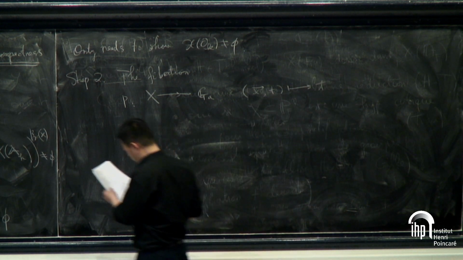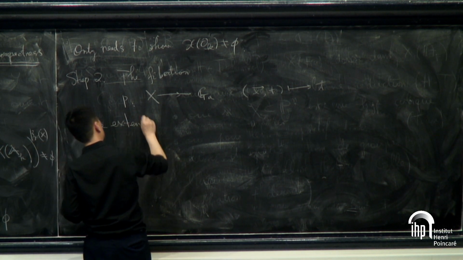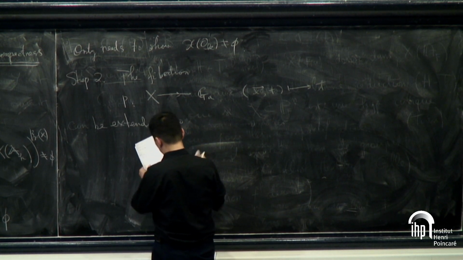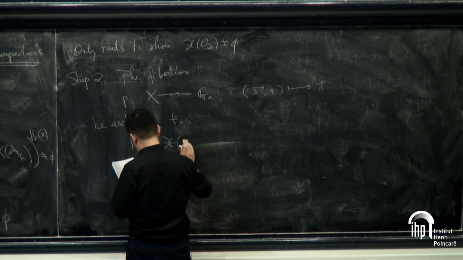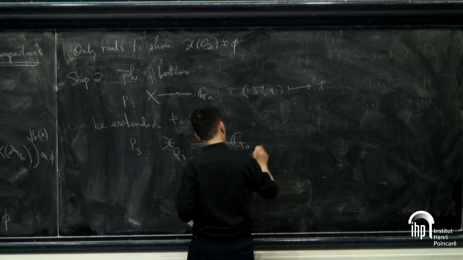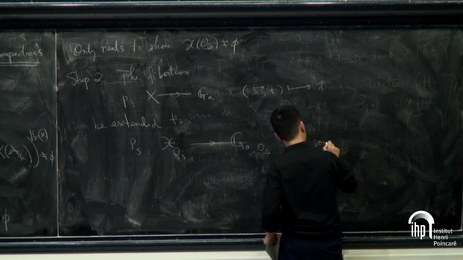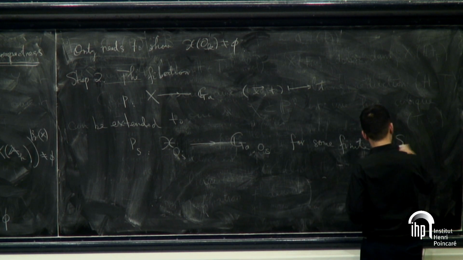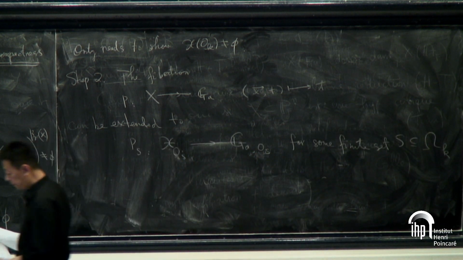This fibration can be extended to some S-models, 𝒳_S going to G_a over O_S, for some finite set S of Ω_k.